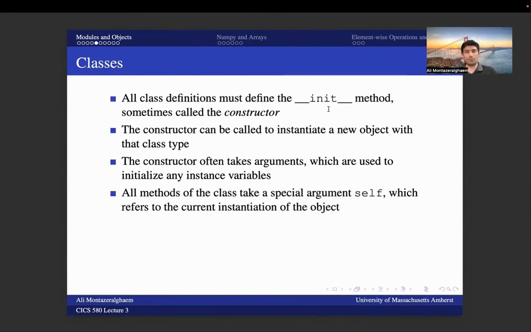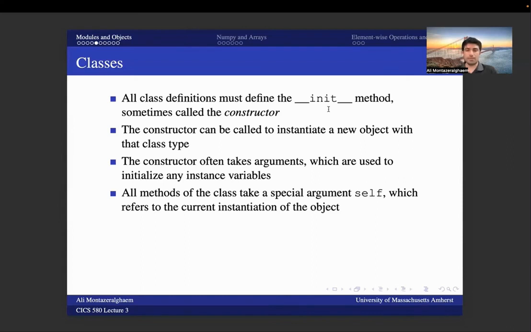And also don't forget that all the members, all the functions that we have in the class, should get a special argument, which is self, which refers to the instance that we just created.